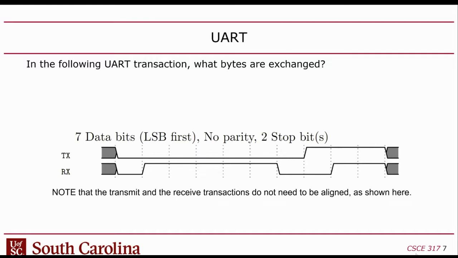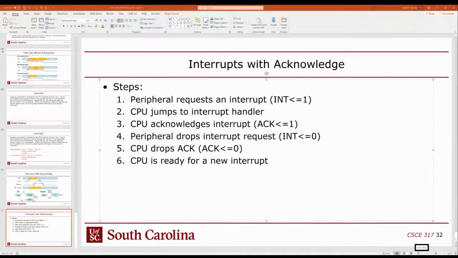You can send and receive simultaneously, but because this is used for console I/O, you're never going to do that. You're going to type something on the keyboard and hit enter and then get the response back, right? So generally speaking, this timing diagram is not meant to indicate that the receive and the transmit wires are always synced up, that the transactions are lined up. It's not the case. That is the case with SPI, and I'll talk about that when I cover SPI.